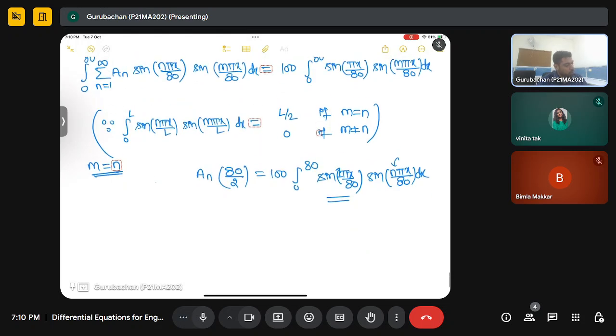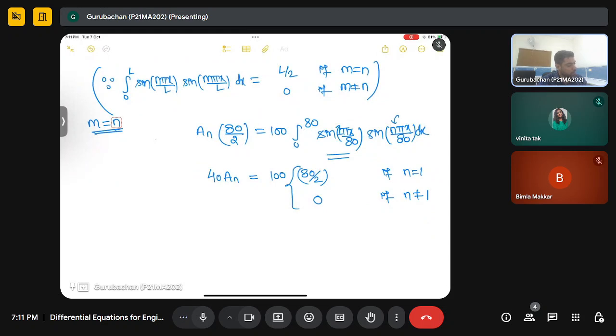So from here your 40 a_n is, if n equal to 1, then only this will give you value L by 2, that is 80 by 2. Otherwise this will give you value 0 if n not equal to 1. So that means a_n is 100 if n equal to 1, as 40 will cancel out, and this is 0 if n not equal to 1.